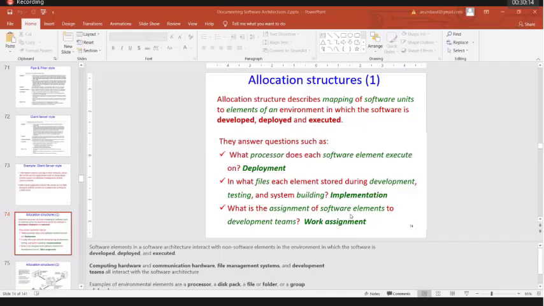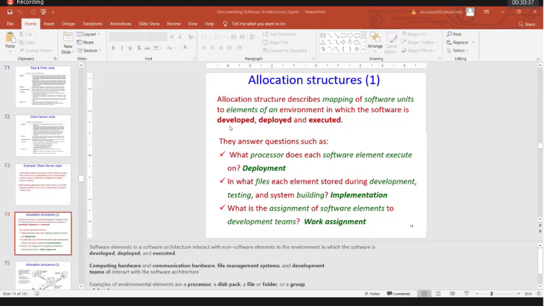So allocation structure, as the name implies, is focusing on assigning, mapping software units into elements in the environment, where the program has to be developed by people.